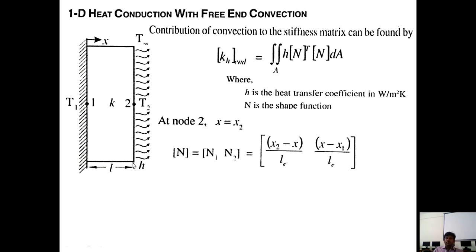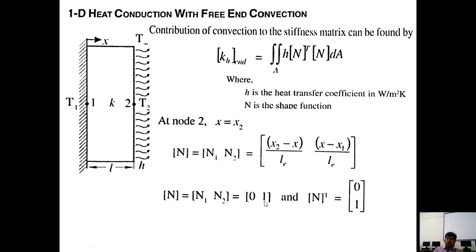At node 2, x equals x2, which equals L. If I substitute x equals 0 at node 1, the value of N is 0, and at node 2, x2 minus x is the length of the element, so L by L is 1. So N1, N2 equals 0, 1.